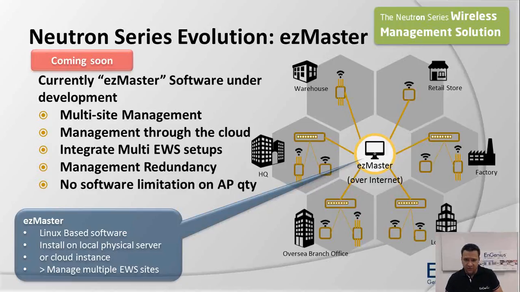A few features here is management redundancy. You can manage multiple EWS cells, but even if your internet drops out, our EWS switch can take over the management, do the backup there, and after the connection is re-established, it will resync the information and all the logging data.